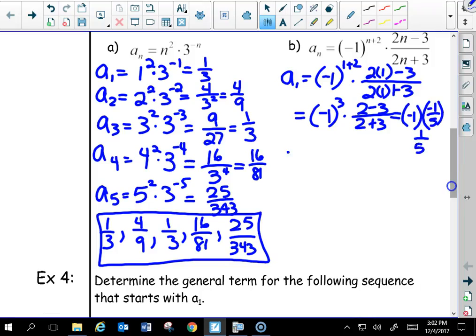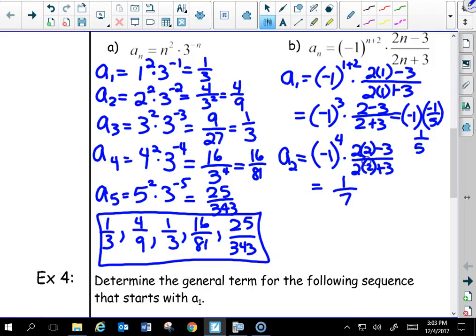All right, let's see what a2 looks like. Negative 1 to the 2 plus 2, which is 4, times 2 times 2 minus 3. All right, negative 1 to the 4th just gives me a positive 1. So a2 is just simplifying 4 minus 3, which is 1, over 4 plus 3, which is 7.